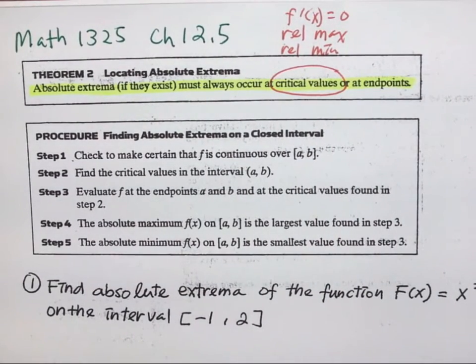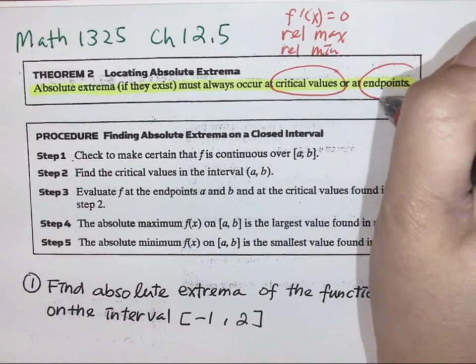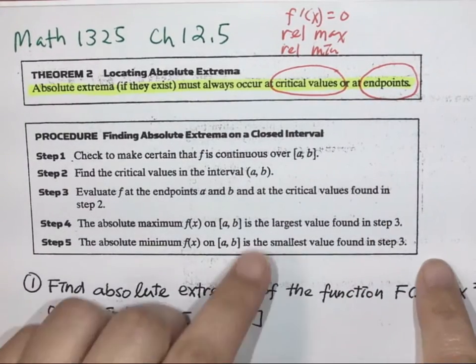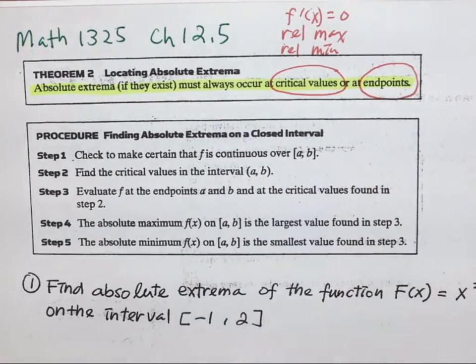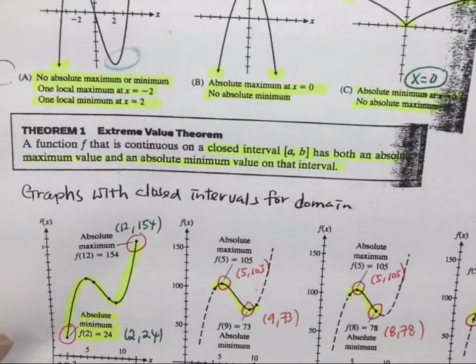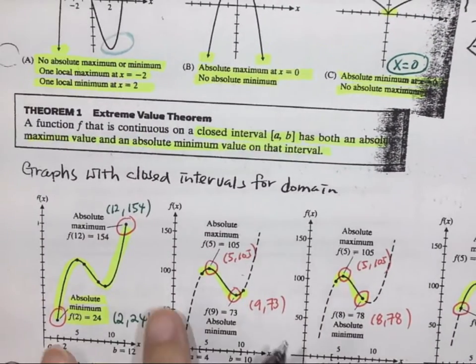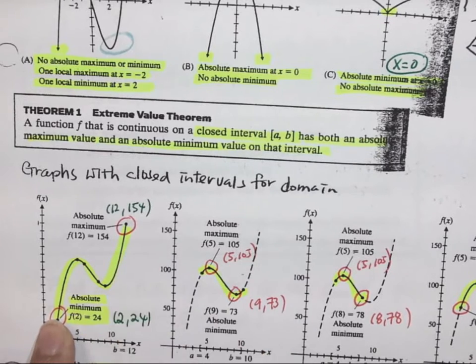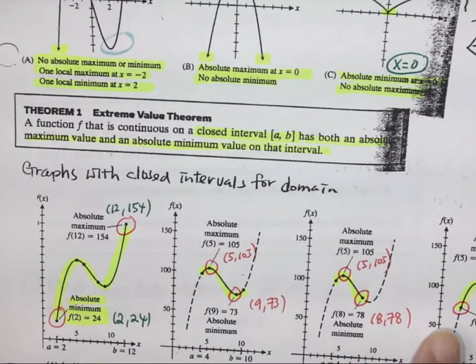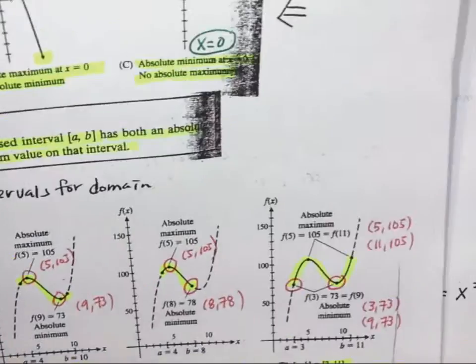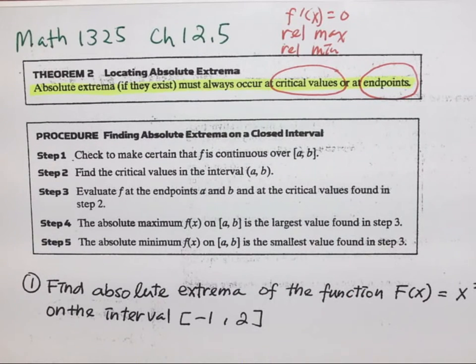Hopefully you remember that. And then we also need to test at the endpoints. And remember earlier when we looked at those graphs, the absolute maximum and minimum always happen on the endpoints or the regular local relative maximum and minimum, right? Either endpoints or relative maximum minimum. All right, so that's why we need to test those.